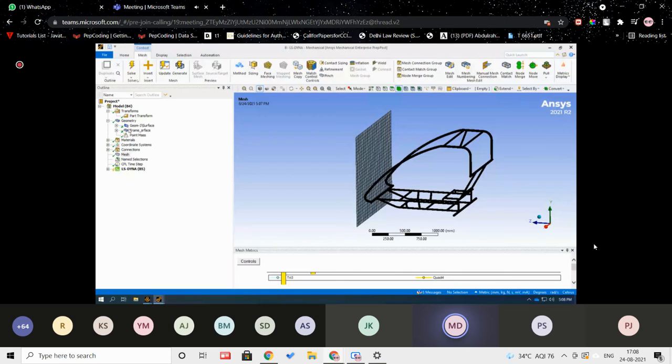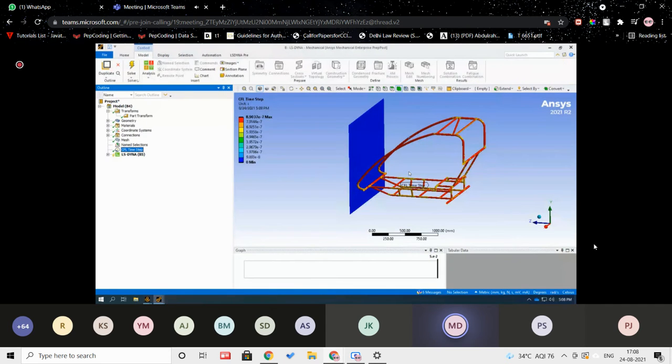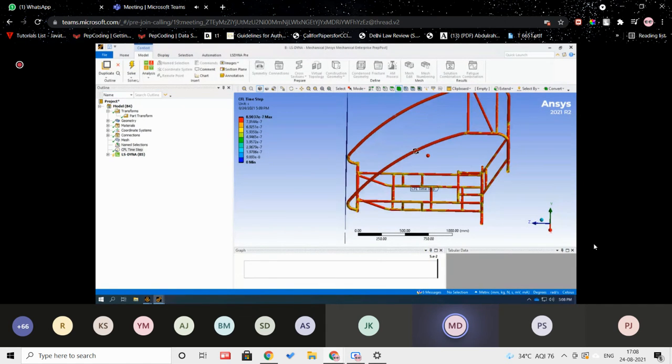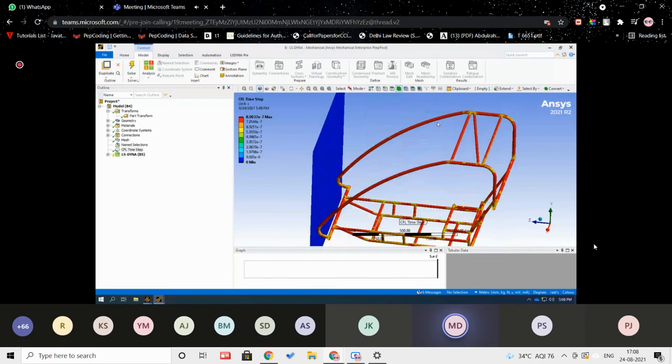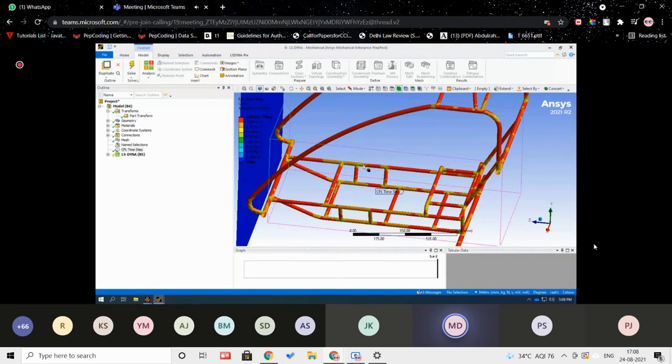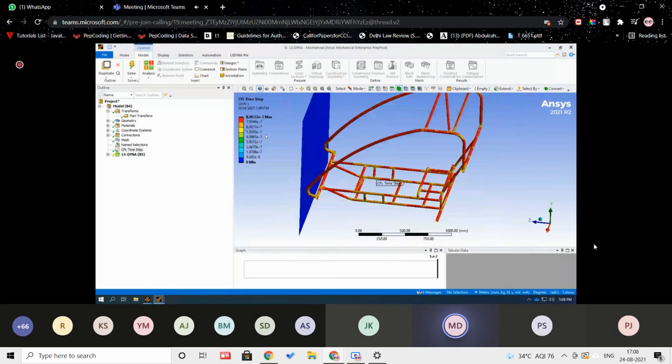After meshing, you can check your CFL time step. The same thing I have explained. The CFL time step will tell you that if you run this model without any mass scaling, it will run with this time step, 8.9e-7. You can see the distribution of the time step: here it is the same, whereas in this area it is different, a little bit on the lower side.